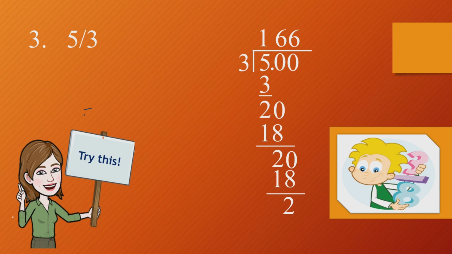So with that, we can stop dividing. And then let's put the decimal point between 1 and 6. So therefore, class, the answer is 1.66 and then 3 dots, that is ellipsis, meaning to say that the quotient is a repeating decimal.